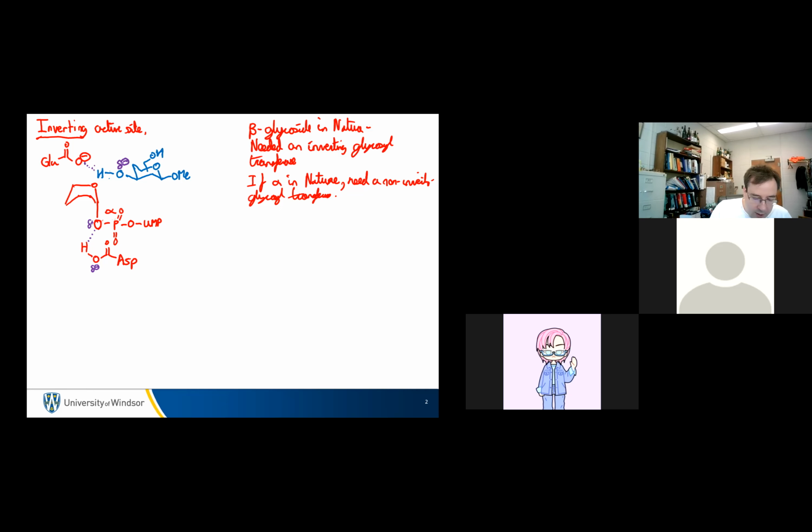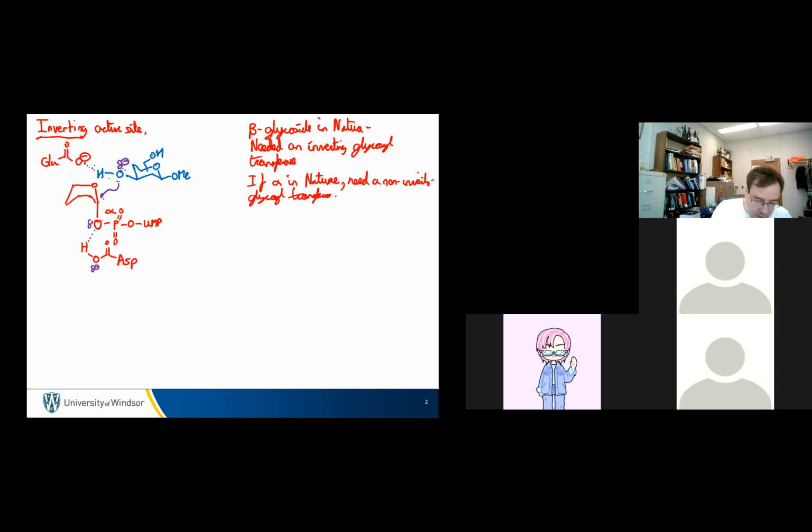So if we're doing that, we're making this slightly more positive and this slightly more negative. It makes sense that we can probably get arrows that look like that.